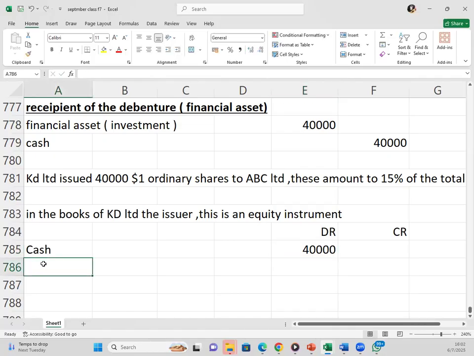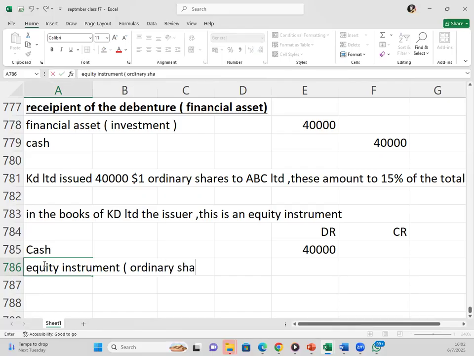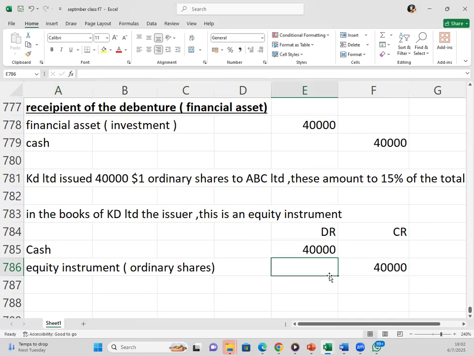Then what are we going to credit? We are going to credit the equity instrument, the ordinary shares.